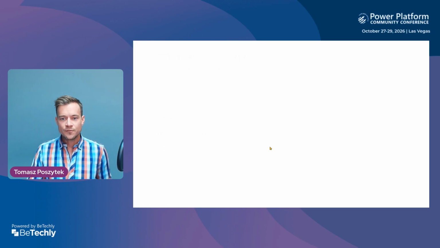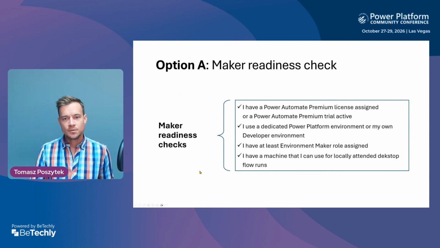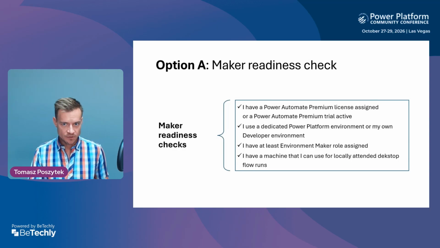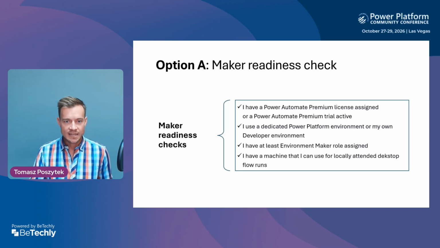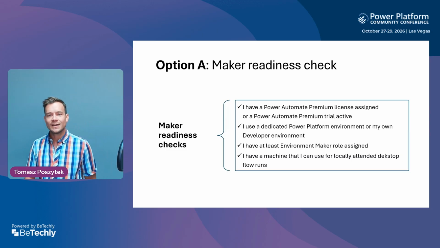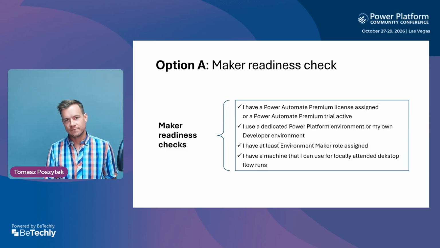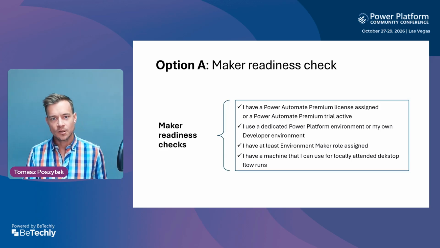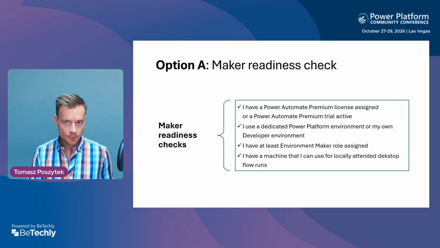So if you're going for option A, be sure you have a Power Automate Premium license assigned, or a Power Automate Premium trial assigned to your account, that you have either a dedicated developer environment ready, or another dedicated sandbox environment available for the workshop, that you have at least environment maker in that environment, and that you have a machine where you can locally run attended RPAs.